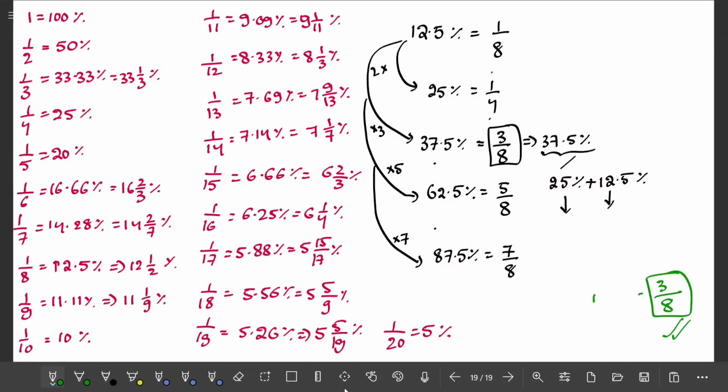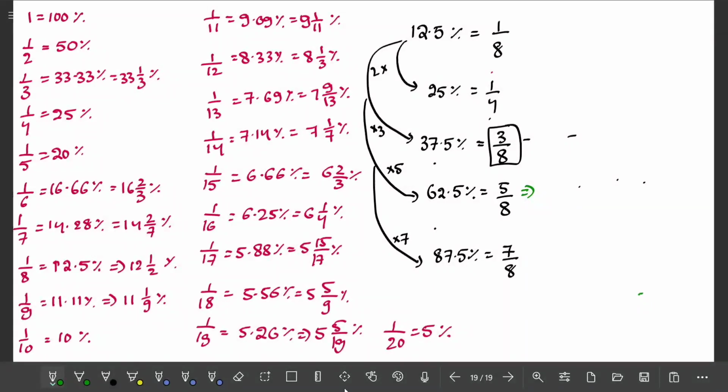Sir, how to find out the fraction value for 87.5 or 62.5? Now this 62.5 can also be written as 50% plus 12.5%. Right. What is 50%? It's 1 by 2. What is 12.5%? It's 1 by 8. Now this 1 by 2 can be written as 4 by 8.